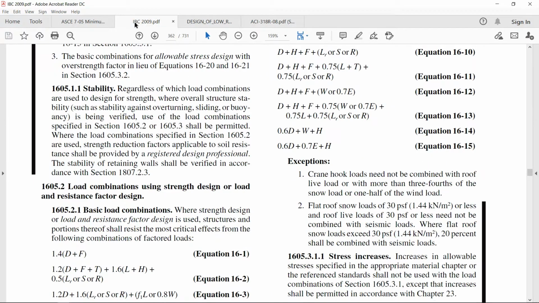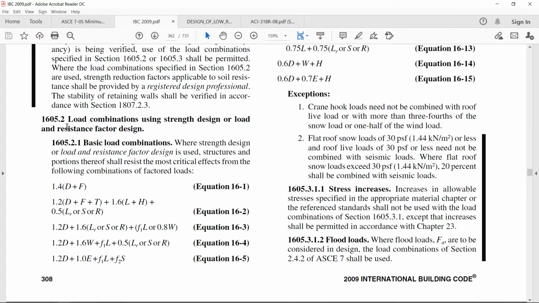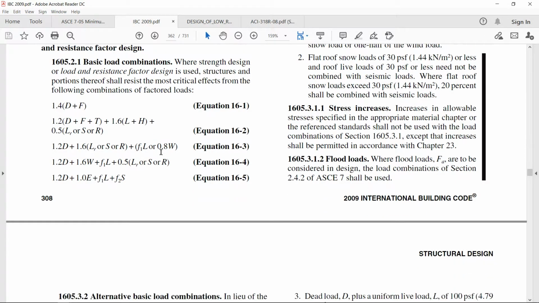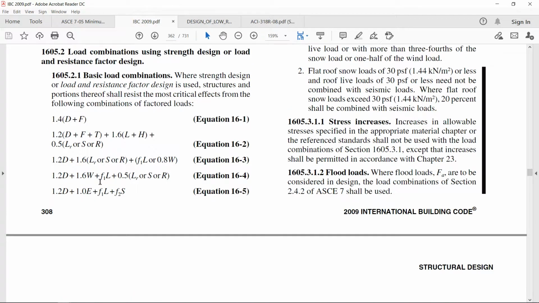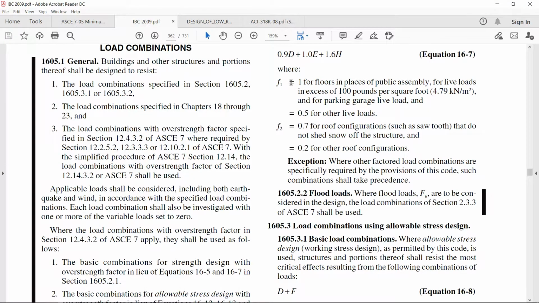If I go to IBC paragraph 1605.2, load combinations, the same thing is there: 1.2D plus 1.0E plus F1 times L plus F2 times S. F1 is further explained over here, where F1 is equal to 1 for floors in places of public assembly, for live loads in excess of 100 pounds per square foot, that means 4.79 kilonewtons per square meter, and for parking garage live load, and it should be equal to 0.5 for other live load cases.